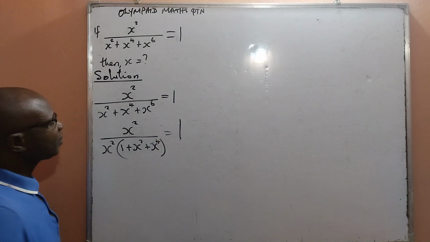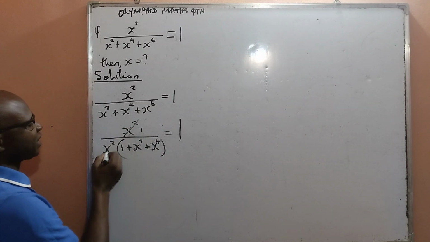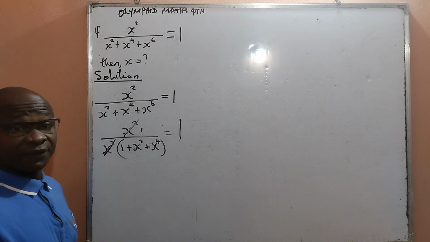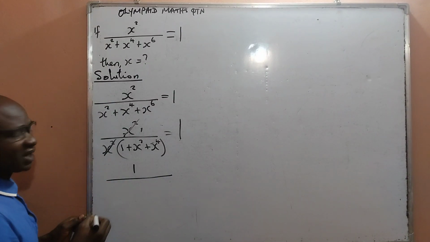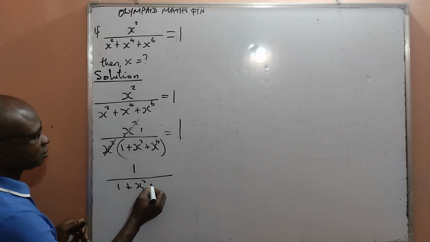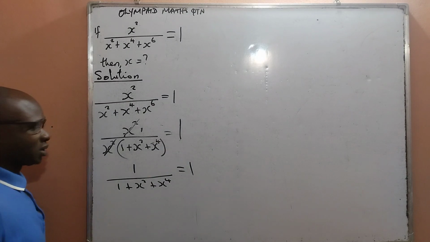Then, from the left, x to the power of 2 will cancel with x to the power of 2 at the denominator, giving me 1 divided by 1 plus x to the power of 2 plus x to the power of 4 equal to 1.